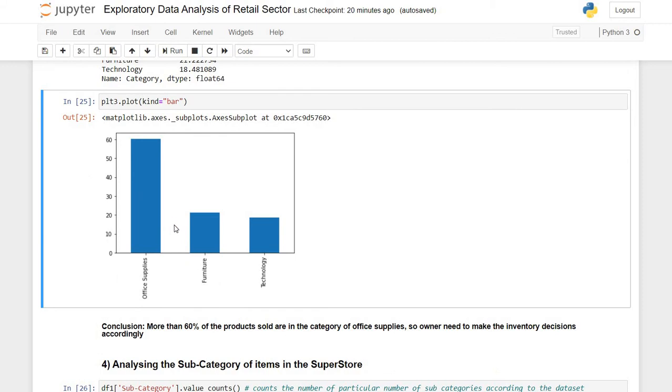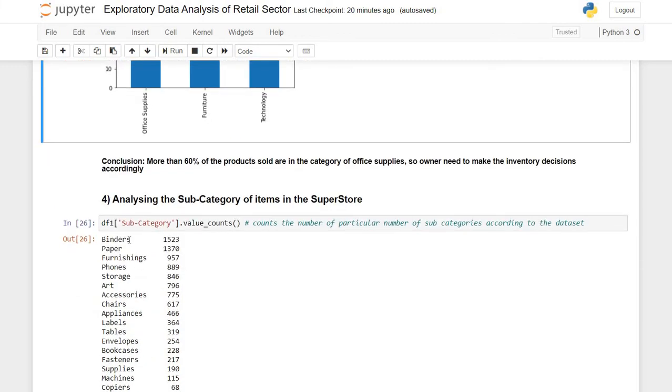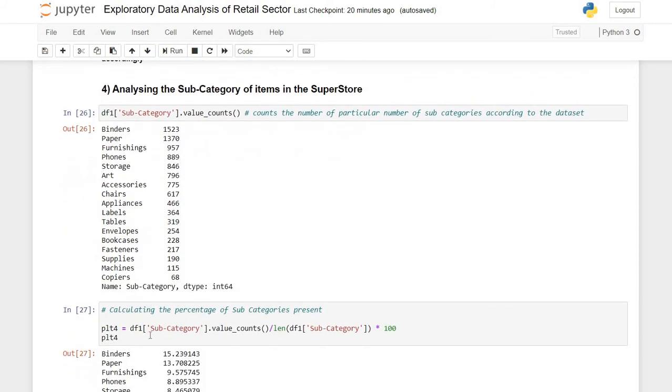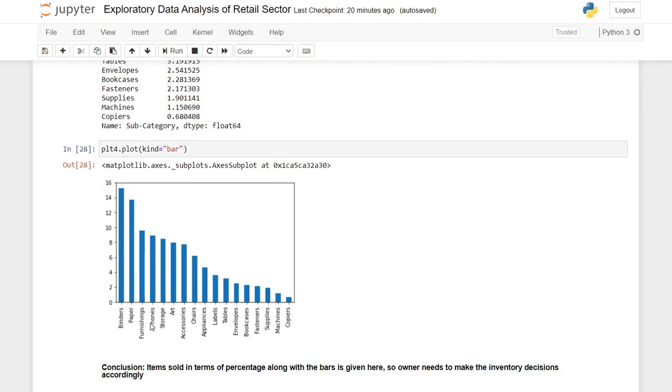Another question to address would be analyzing the subcategory of items in the superstore. We have already analyzed the categories of the items by far. So now by analyzing the subcategory, we will get a more general idea of how each and every item is sold in our superstore. So we'll just get value counts of each and every subcategory, and then we'll be plotting it similarly as we have done before, and we'll get this.